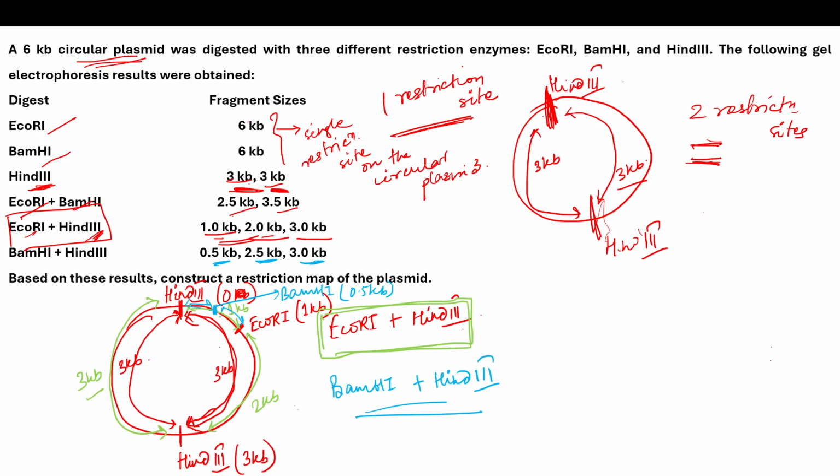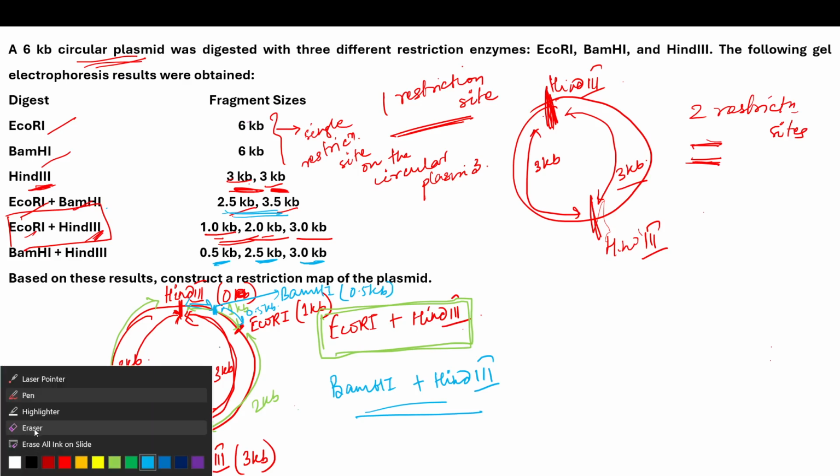So that means from here till the EcoR1 site is 0.5 kb. However, we see that when EcoR1 and BamH1 are used, there are no 0.5 kb fragments being produced. That means this is not really the correct site.